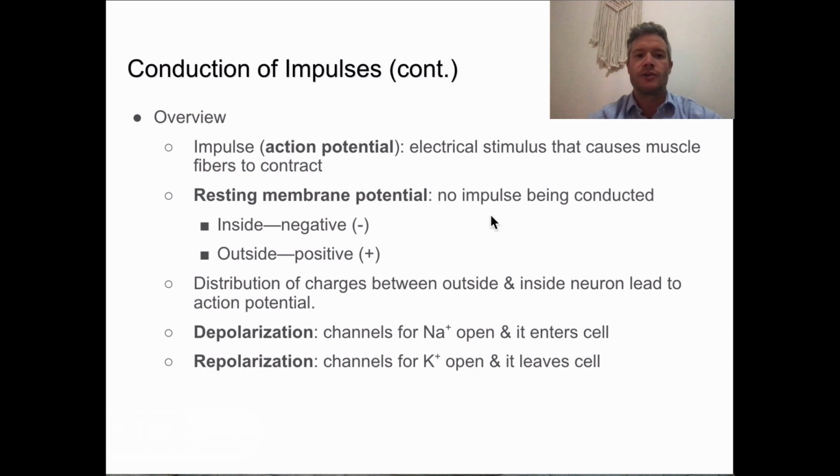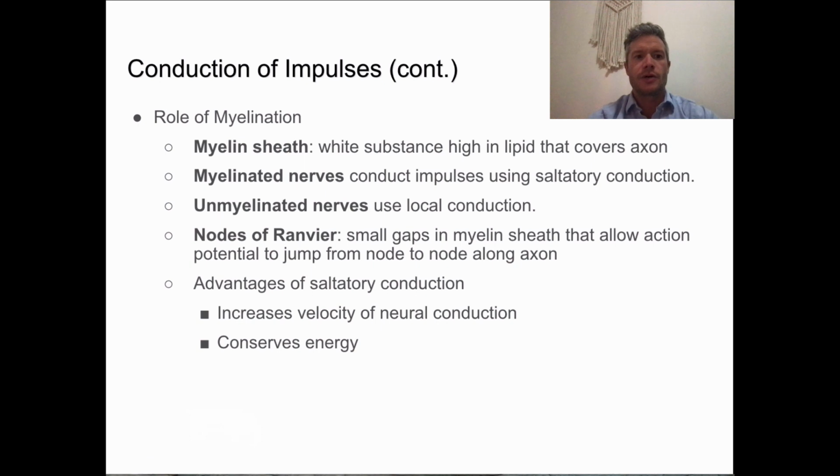Our distribution of charges between the inside and outside of the neuron, with that change leading to depolarization, allows that threshold to get hit. So that's when our sodium gates open and it enters the cell, and then when we get to repolarization, the potassium channels open.